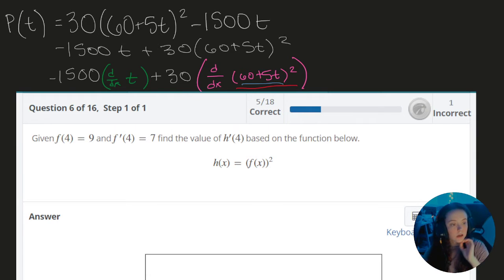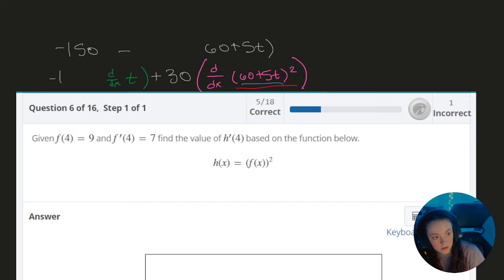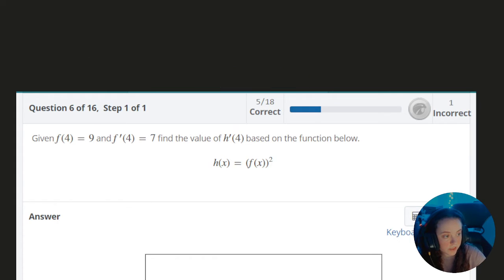In this case, we are given f of 4 and f prime of 4. Okay? I'm going ahead and erasing that previous problem so that we have room to write down what we need to do. Okay?